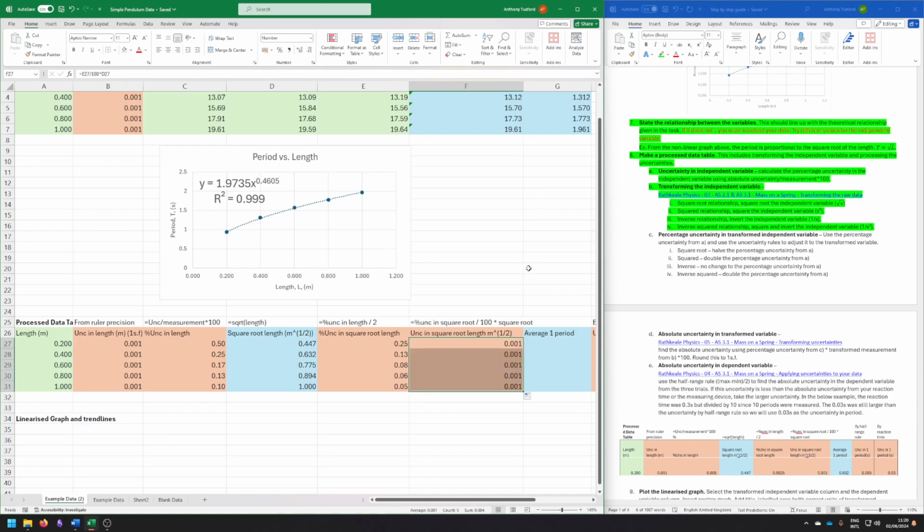You'll notice these are all 0.001, so let's just reveal a few more decimal places to make sure it's rounded correctly. Take away 1, take away another, and then the top one we can take away 1 more. And again, absolute uncertainty is to one significant figure.